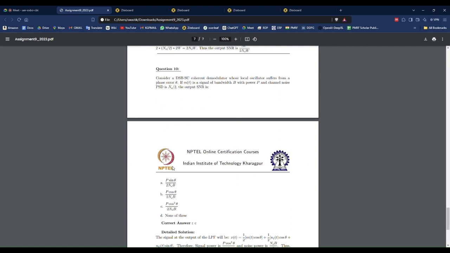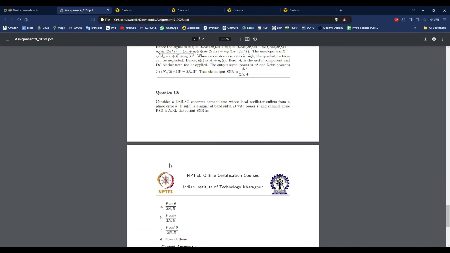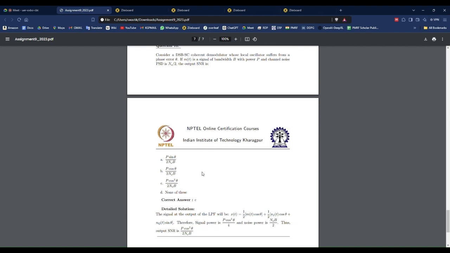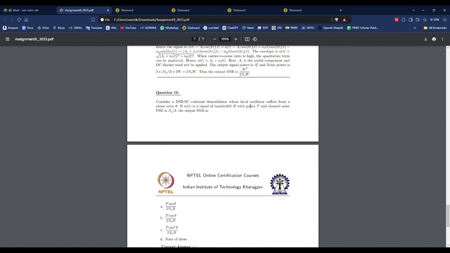Consider a DSBSC coherent demodulator whose local oscillator suffers from a phase error theta. If m(t) is a signal of bandwidth B with power P and channel noise PSD N0 by 2, the output SNR is. So there is a DSBSC coherent demodulator whose local oscillator suffers from a phase error theta, so the local oscillator generates a sinusoid that is theta phase shifted.